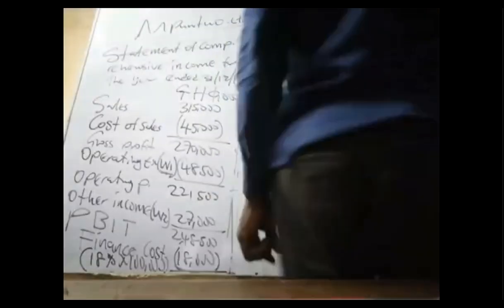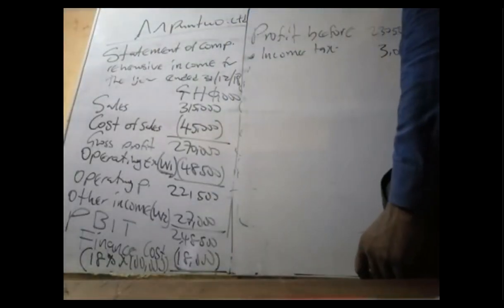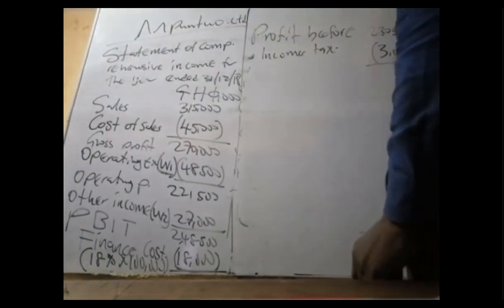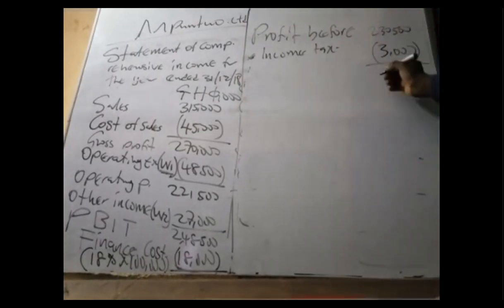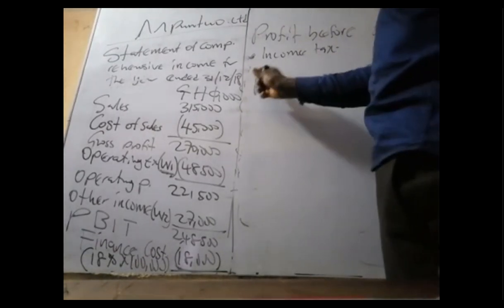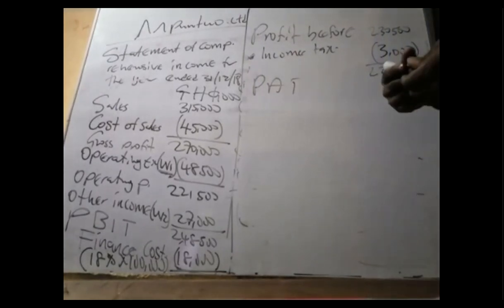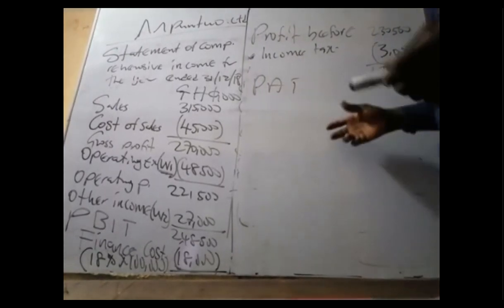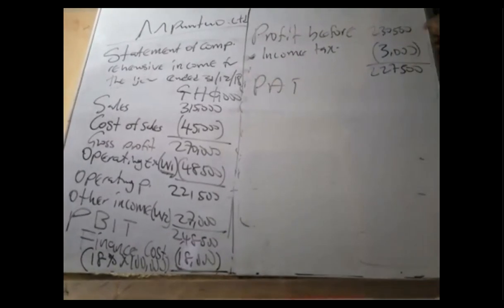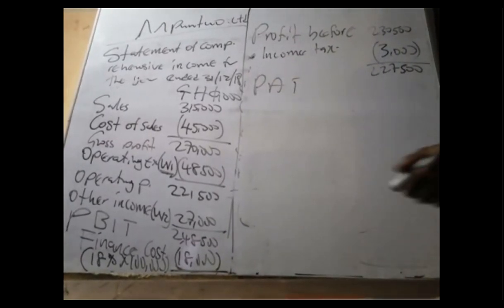Income tax, 3,000 for now. Just for now. I'll do everything for you. So therefore, you get 227,500 as profit after tax.